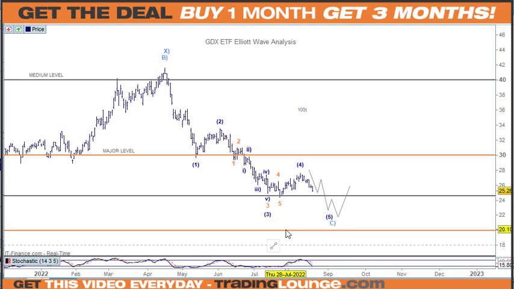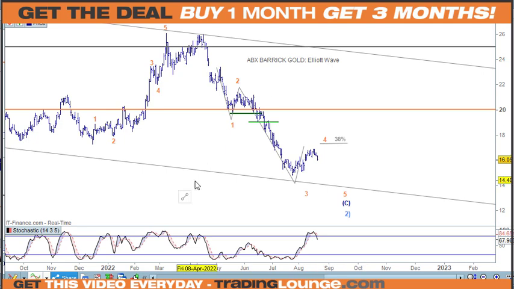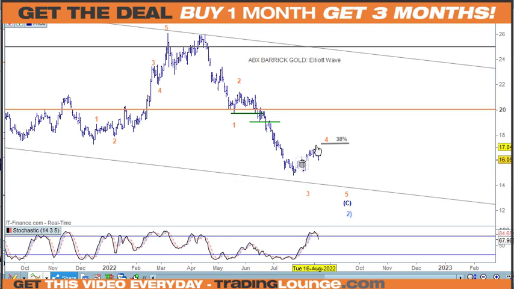So GDX has got a pretty clean cut here, and also when I look at Barrick Gold, I haven't looked at it for ages, so let me just clean this up. I don't have a clean 5-wave structure up here either. If this is going to turn lower here, it could be up for 1 and back for 2, up for 1 and back for 2, but it's just such a nice third wave here.